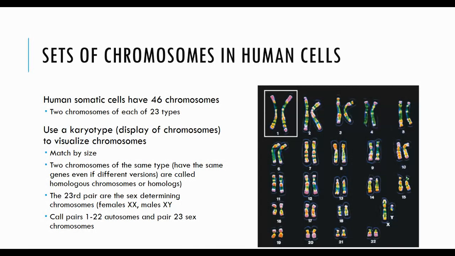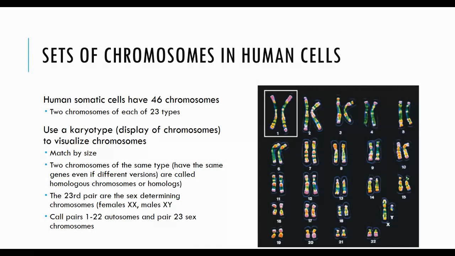The 23rd pair are the sex-determining chromosomes. For females, that would be XX, and for males, that is XY. We call pairs 1 through 22 autosomes, and pair 23 the sex chromosomes. If you look at the karyotype here, I can see 23 pairs of chromosomes, and we number them based on size.